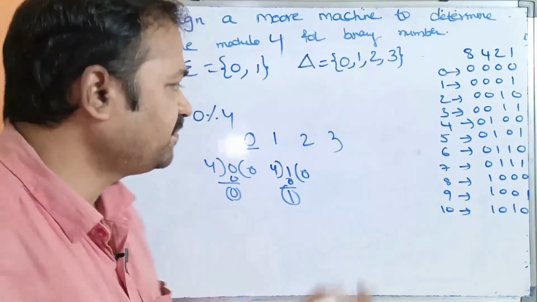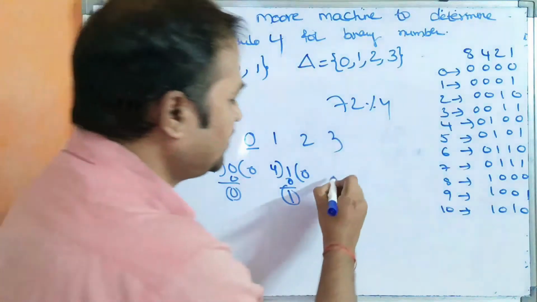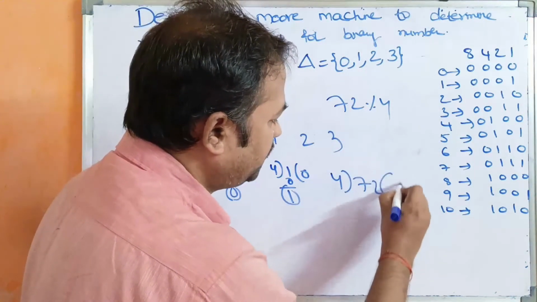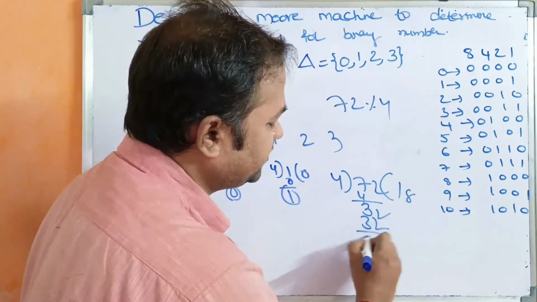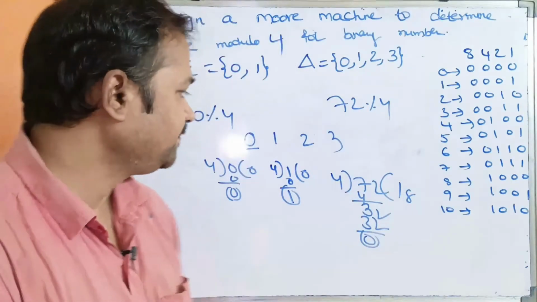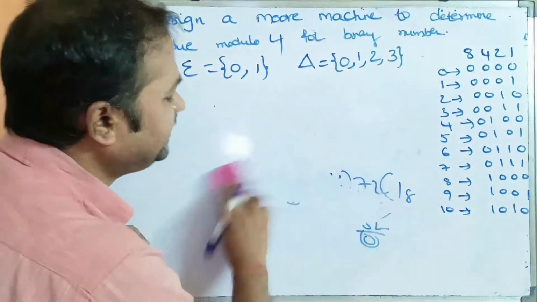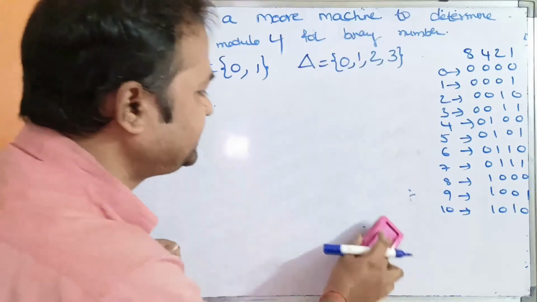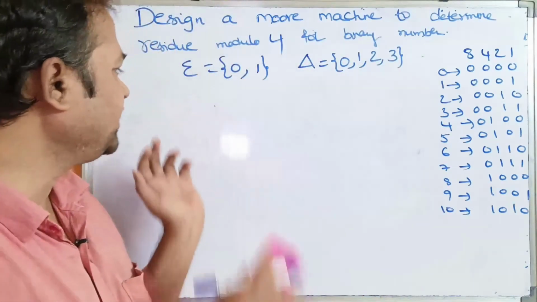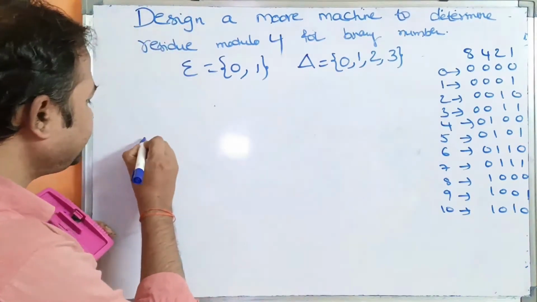If we consider any number, let us take 72. What is the result of 72 modulo 4? 4 ones are 4, 7 minus 4 is 3, so 4 eights are 32. So 0 is the result. Okay, now let us solve the problem. Here we have to design the Moore machine. The output alphabet contains 4 symbols, so in this problem we require 4 states.